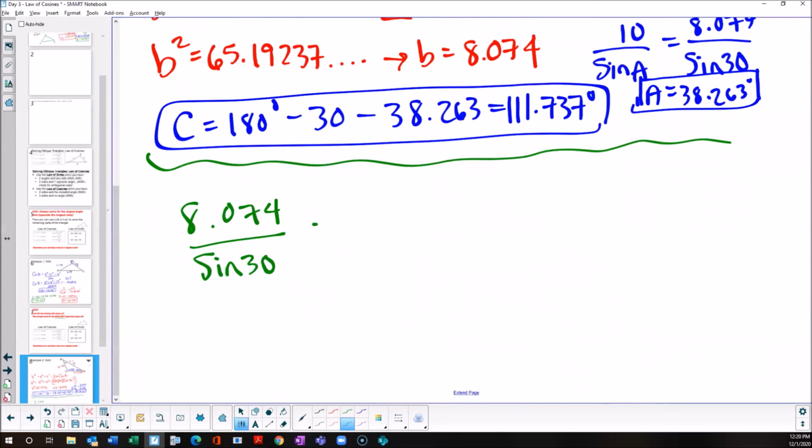Sine of 30 is equal to 15 over sine C. Try that and see what happens. You'll see what I'm saying. You're going to get a mistake here.